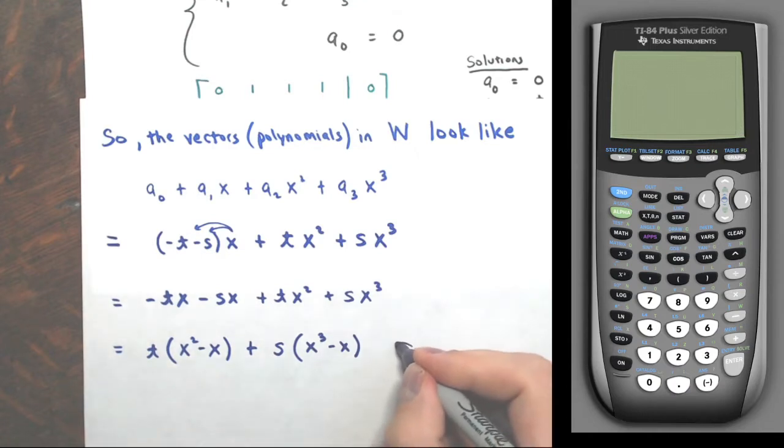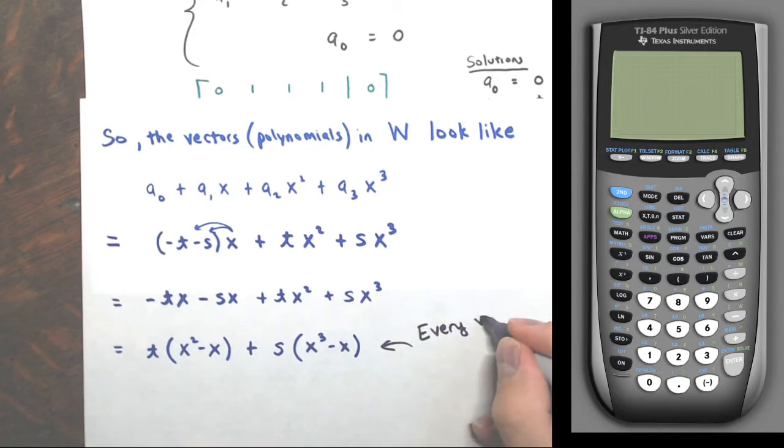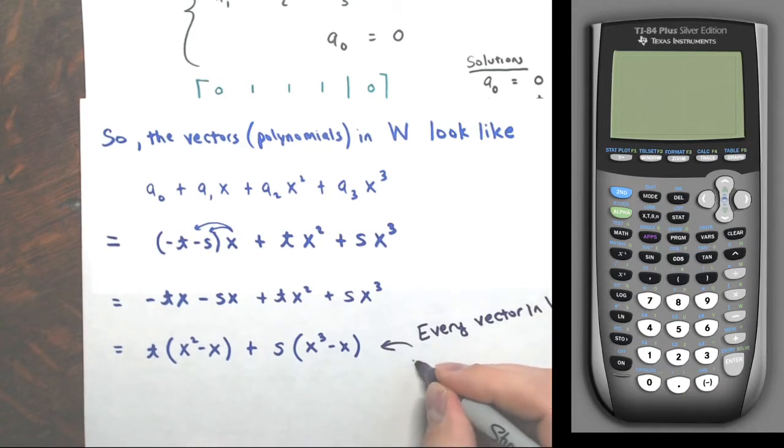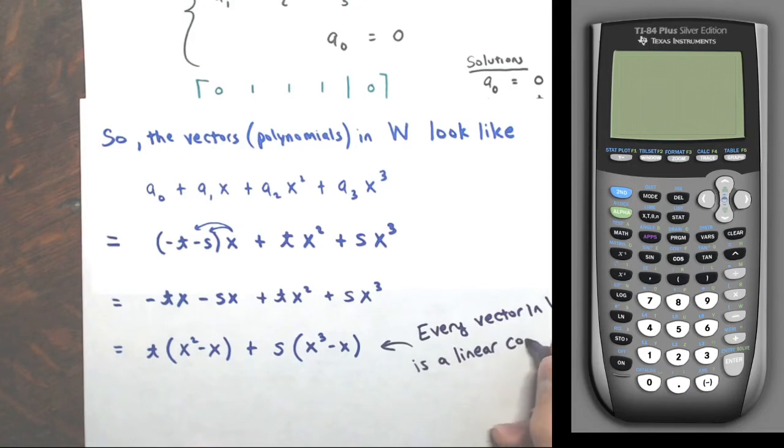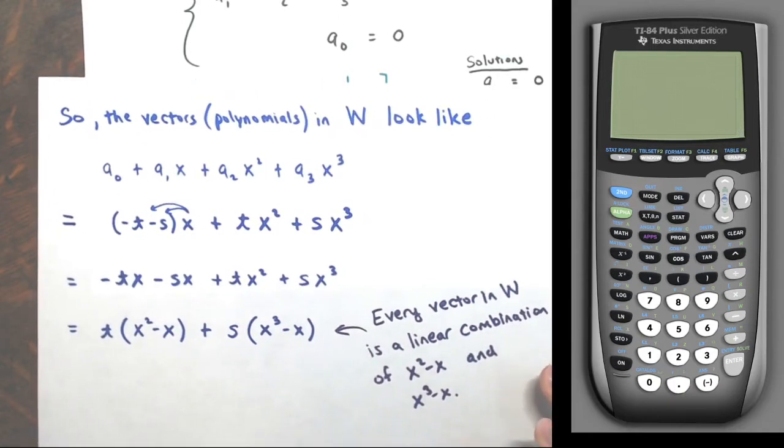What this line is telling me is that every vector in W is a linear combination of x squared minus x and x cubed minus x. Oops, sorry, the word combination got cut off there. I apologize.